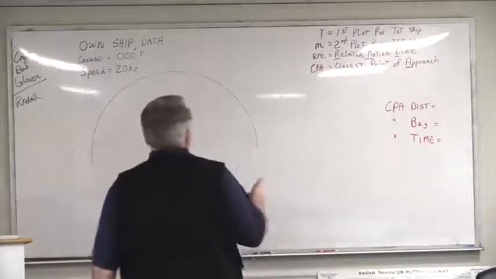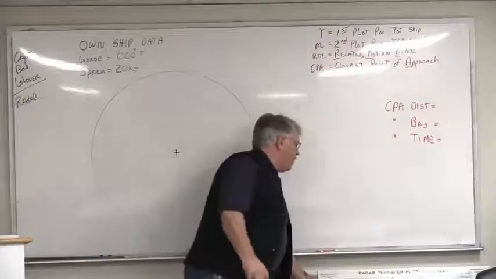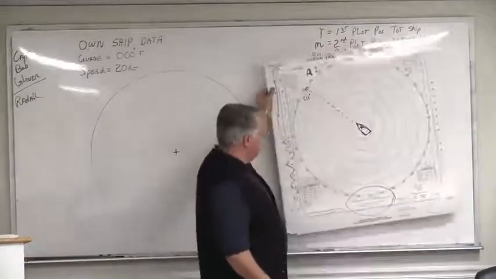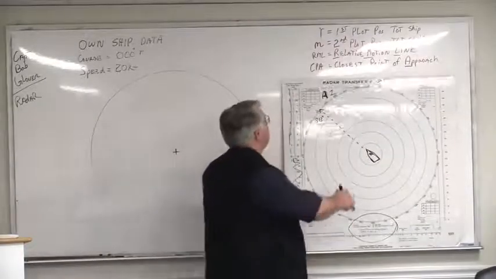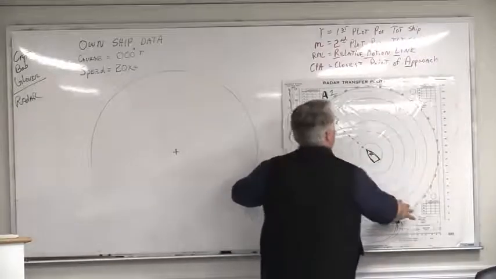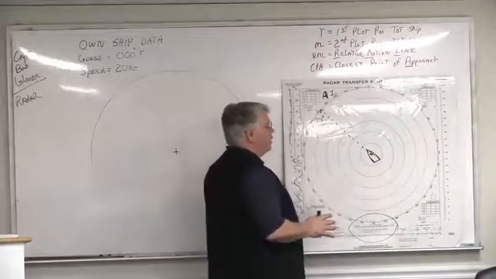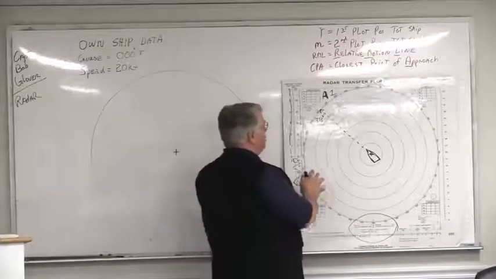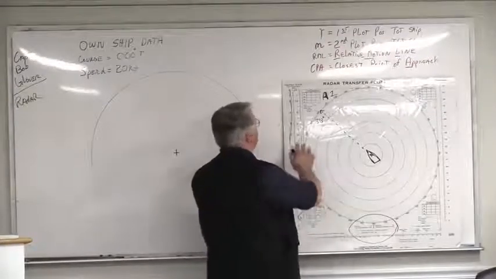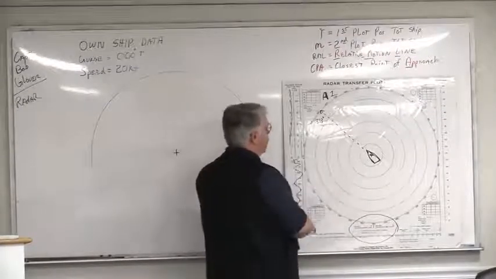We also went over the radar transfer plotting sheet, and we looked at how it's laid out. This was designed to help the mariner do paper plots. It's broken up with the range scales on one side.